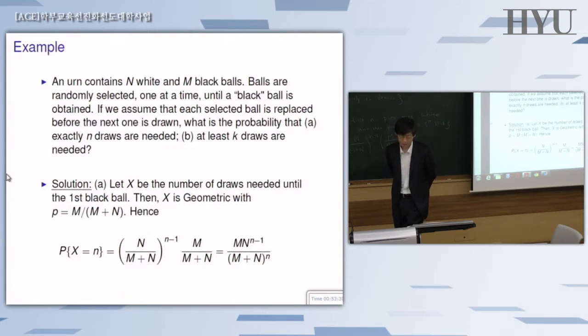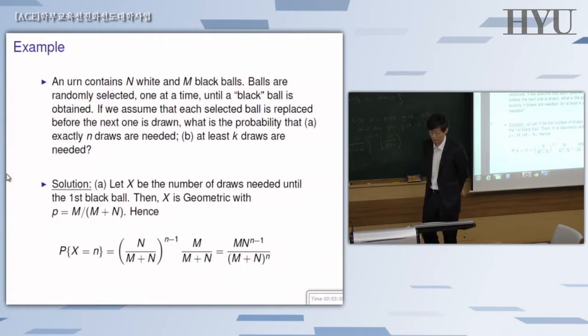But then the fact that you have to stop at the nth pick just means that this x takes on little n. And that's nothing but first n minus 1 failures. So you just get to repeat this probability n minus 1 different times. And finally finish everything off with the probability of having the first success at the nth trial, which will occur with the probability of m over n plus m.